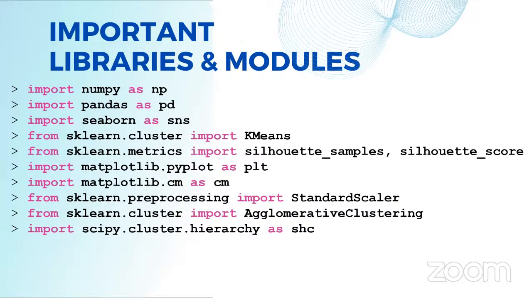Then from sklearn.metrics we import silhouette_samples and silhouette_score. These functions from the scikit-learn library help us evaluate the quality of the clustering result using the silhouette coefficient, and the silhouette score measures how well the data points are assigned to their clusters.